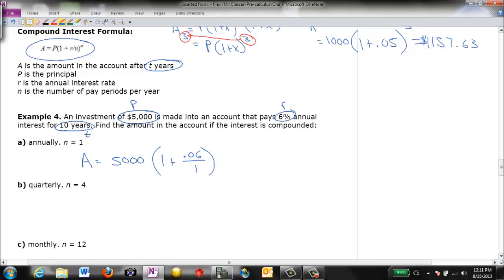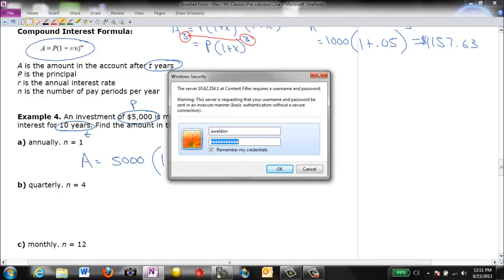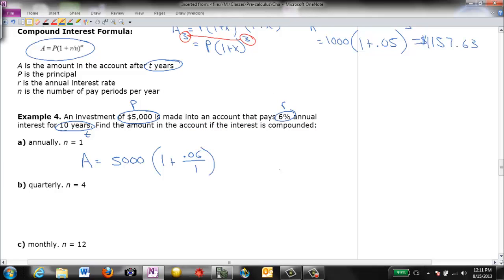And then the exponent has to represent the total number of compoundings. If we're only compounding 1 time per year for 10 years, we should get 10 compoundings, or 10 times 1, so n times t.